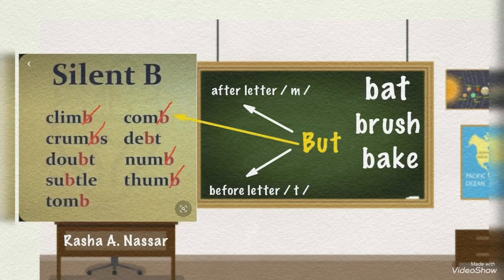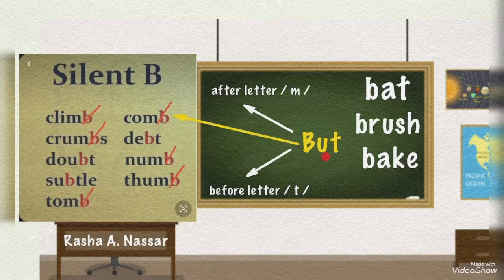So here, if you see letter B comes after letter M, it will not be pronounced, as in the word Tom. So here P comes after letter M, so I will not pronounce the letter P. It will be a silent letter.